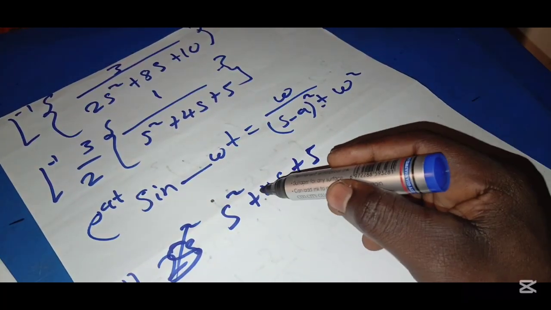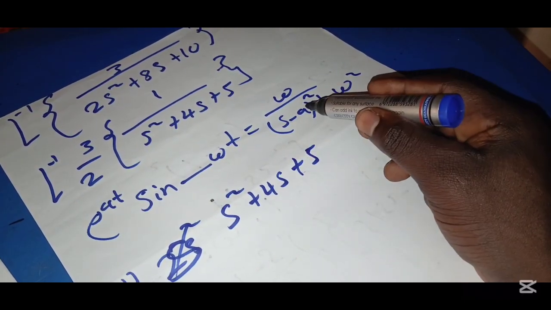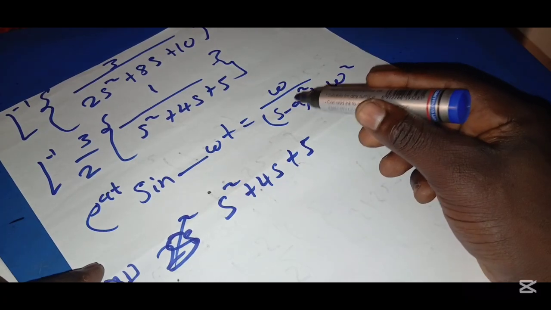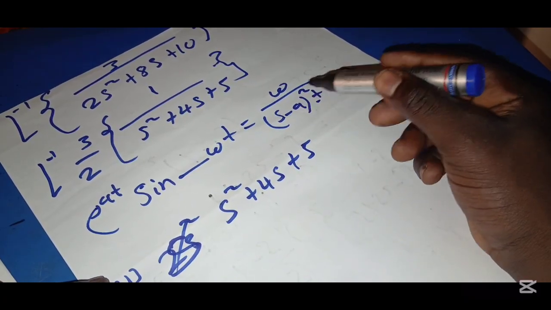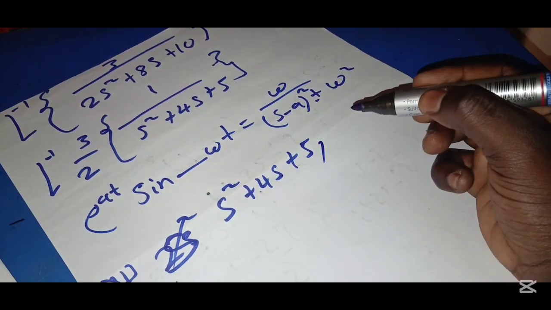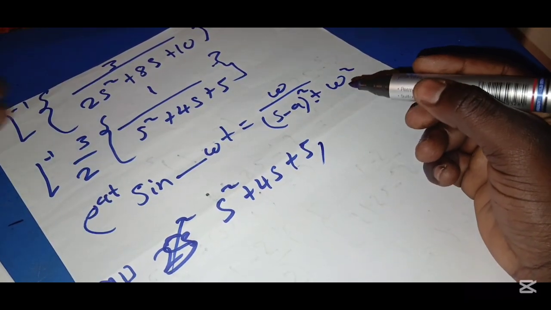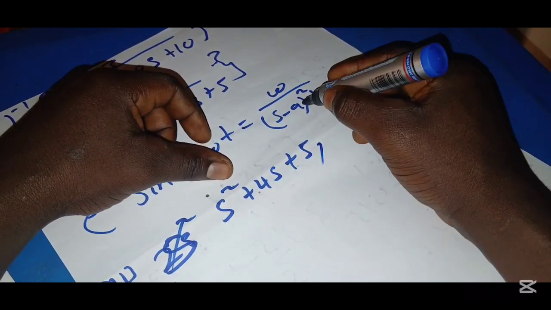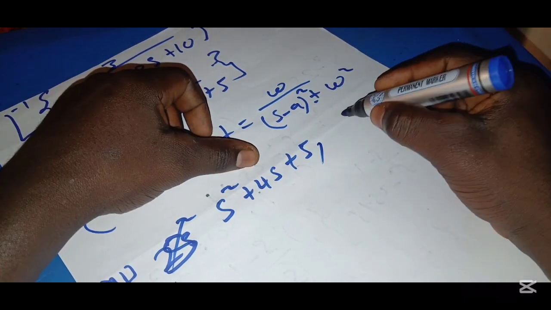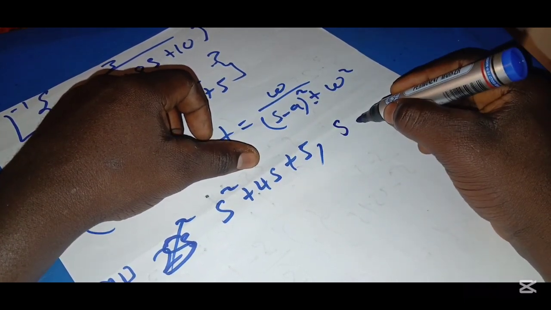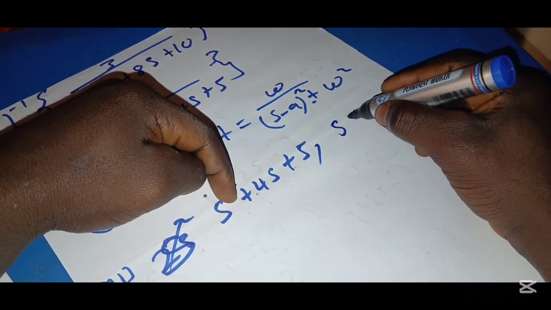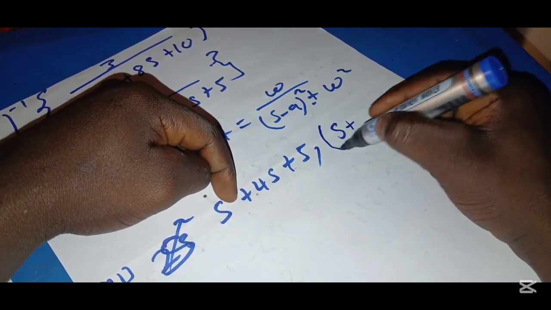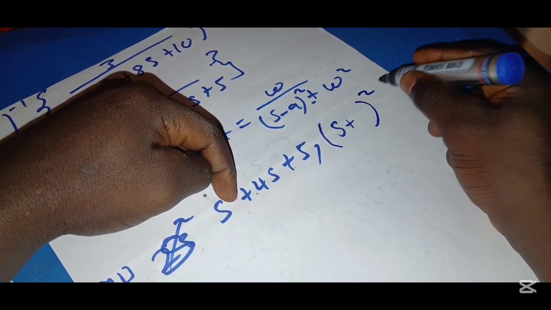I want to turn this into this form because I know that for problems like this, the term s minus a at the denominator side is a must. So I'm turning it to this form, right? I know that I'll have s. Is it a minus or plus? The coefficient of s will give me that. It's a plus, right? So square it.